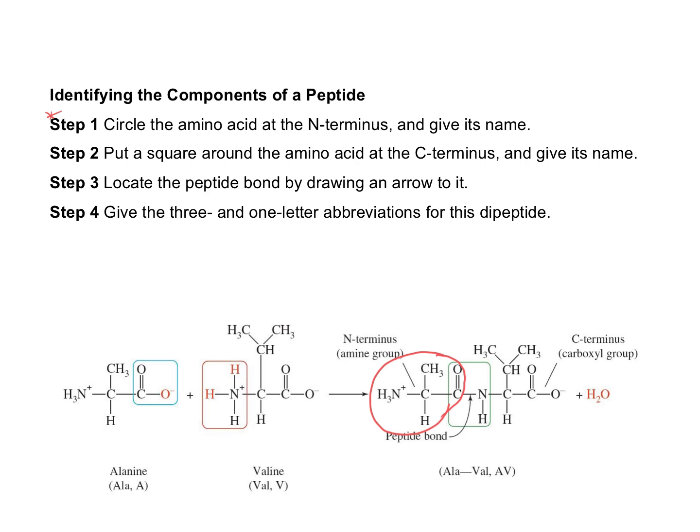I'm going to choose purple. That's a really fun color, right? And then here is the amino acid at the C-terminus. Then you can locate the peptide bond by drawing an arrow to it. They already have a peptide bond arrow, but I'm also going to draw an arrow right there.